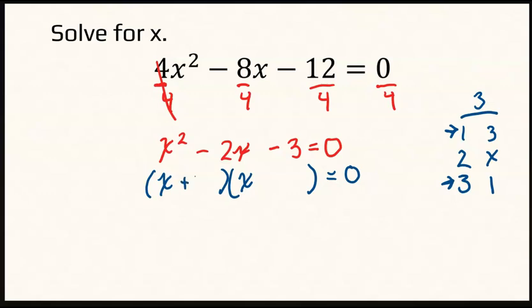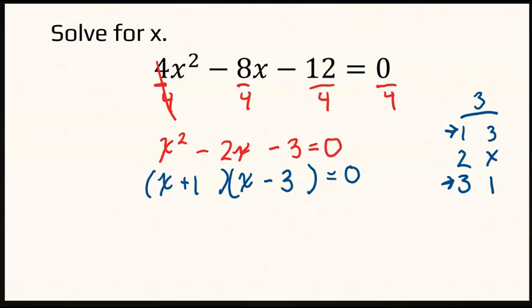So I'm going to have a positive 1 minus 3. A question I often get is, does it matter which direction or which order we write these bubbles in? And the answer to that is no, because they're multiplying.